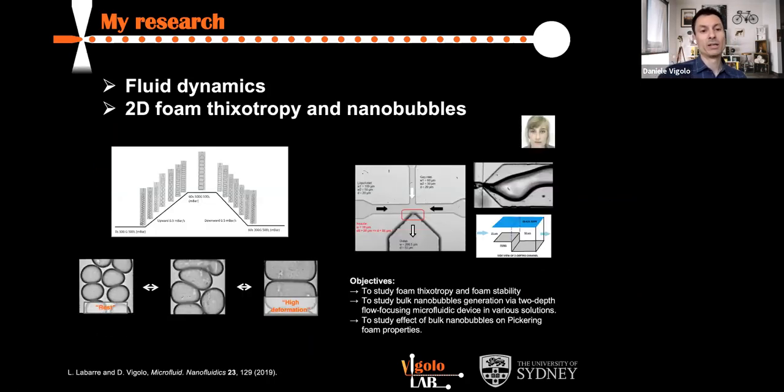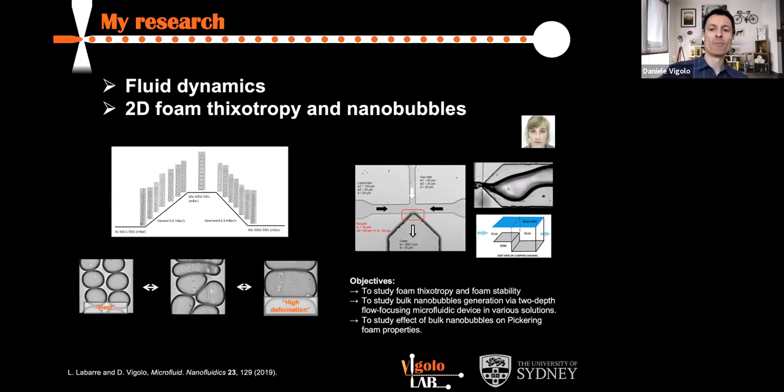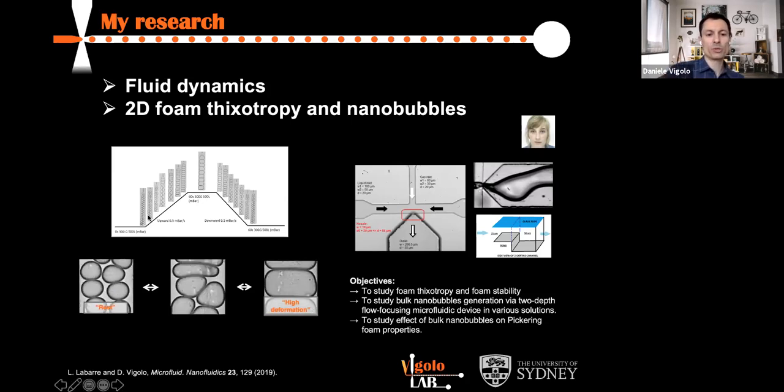I've also been studying foam. Foam is quite interesting in microfluidics because they tend to have a completely different shape. In this case, we were interested in applying a rheological approach to the study of foams, so we create different ramps with different pressure, and we dynamically change the configuration of the foam to study its rheological properties.